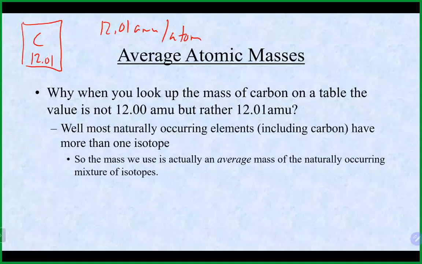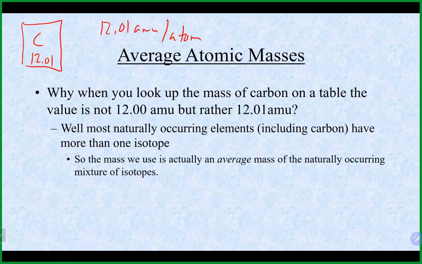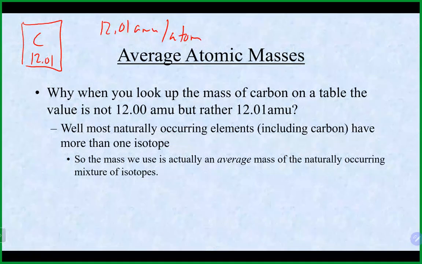The reason is that what we are actually looking at on the periodic table is what is sometimes referred to as the average atomic mass, although most people don't call it that, they just call it atomic mass. But it is an average of all the naturally occurring isotopes for that particular element. Every element will have a certain number of naturally occurring isotopes, and the combination of all their masses together is how we get those up on the periodic table.